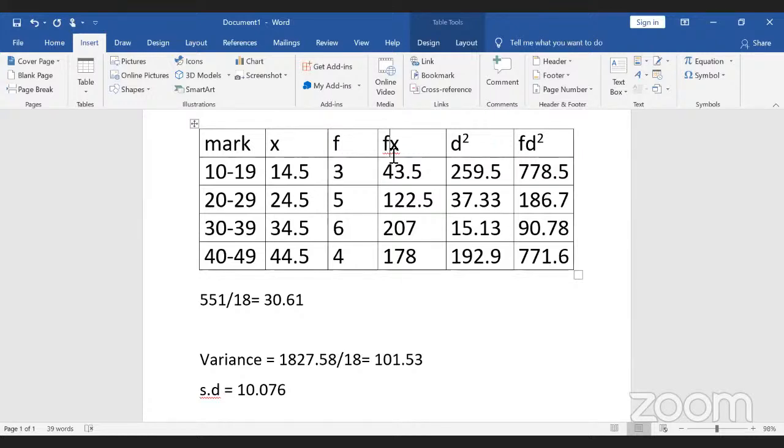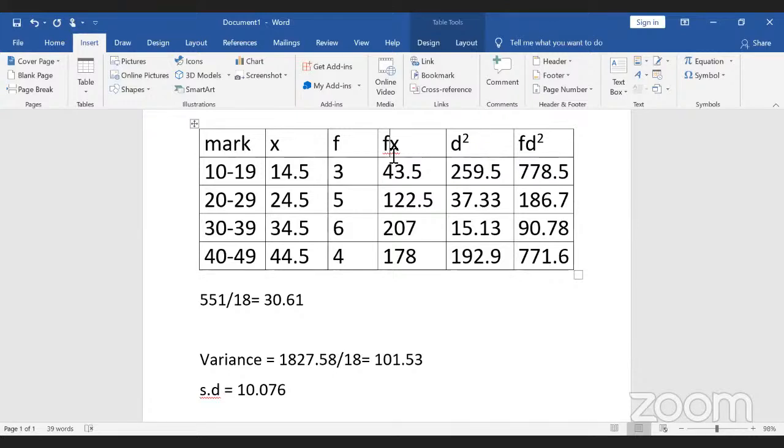But for our log table, it is talking about sigma f into x minus x bar, then we square that over n.